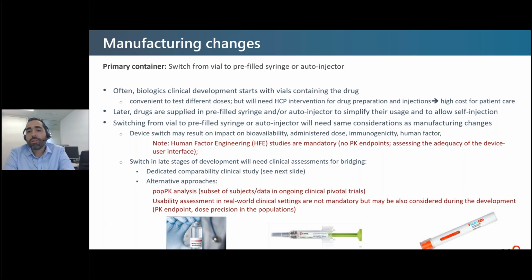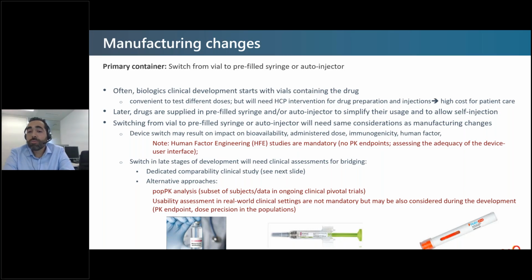However, when you are close to large scale studies or commercialization, you will need more friendly devices to administer the drug. So generally, we switch to prefilled syringe or autoinjector. However, this change may introduce additional variability impacting the bioavailability, the administered dose, or the precision of the administered dose may be different.